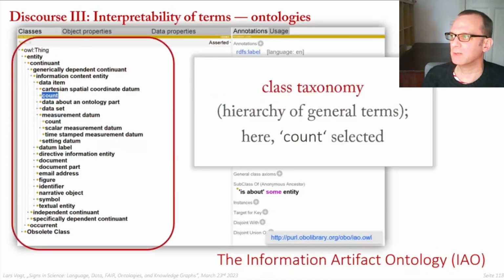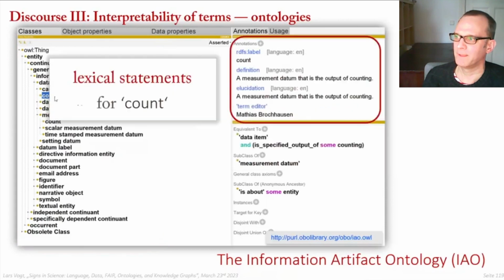And you see here to the left the taxonomy of general terms, class terms, and the term count has been selected here. Then to the right top, you see all the lexical statements for this term count, for the class count. So the label, the human readable label, which is also shown here so that we as humans can read it.